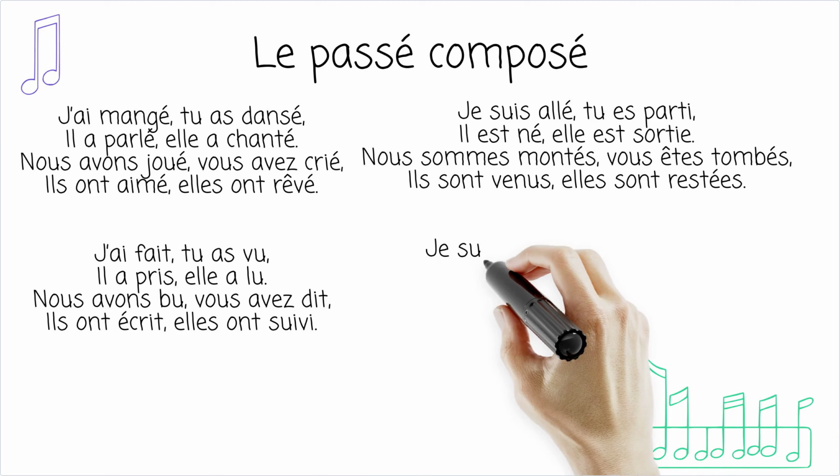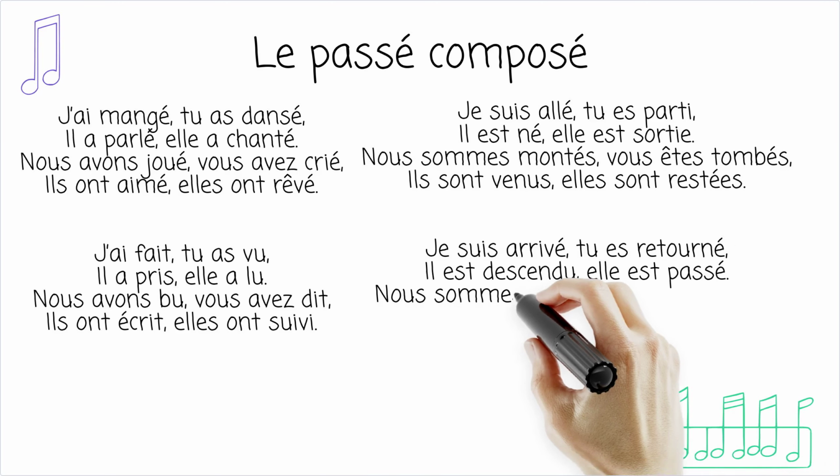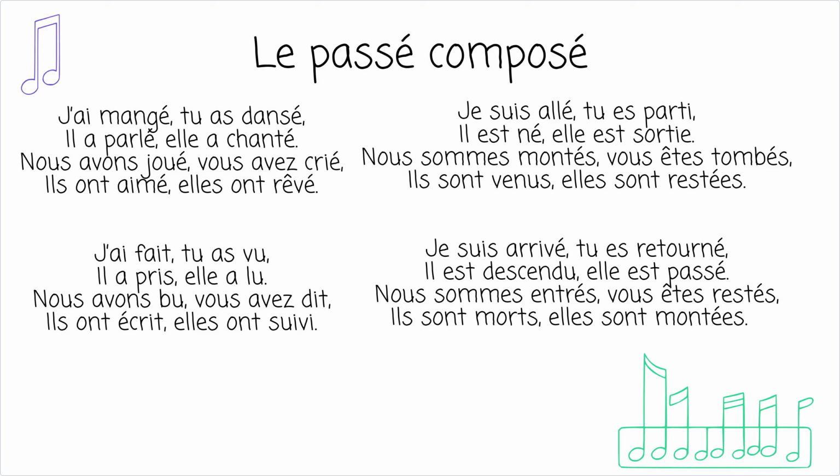Je suis allé, tu es parti, il est né, elle est sortie, nous sommes montés, vous êtes tombés, ils sont venus, elles sont restées. Je suis arrivé, tu es retourné, il est descendu, elle est passée, nous sommes entrés, vous êtes restés, ils sont morts, elles sont montées.